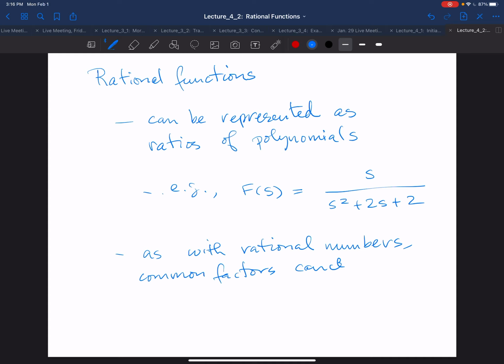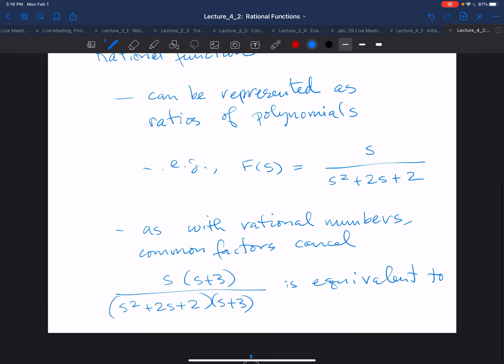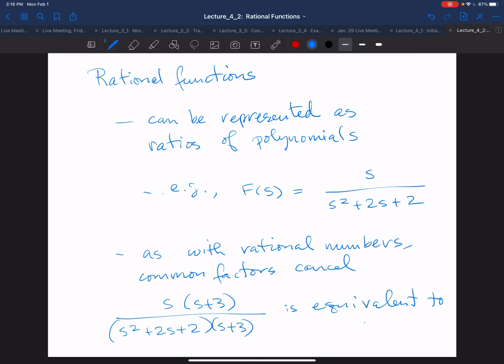So in other words, this means that s times s plus 3 over s squared plus 2s plus 2 times s plus 3 is equivalent to the function that we just saw, s over s squared plus 2s plus 2.